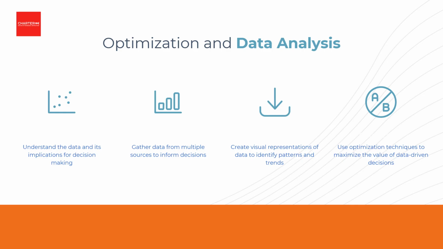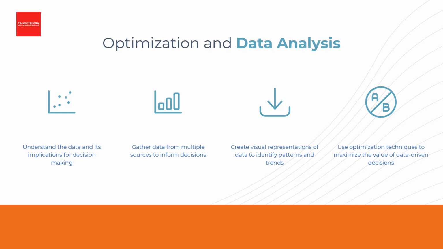Data analysis is used in supply chain optimization to make informed decisions. Organizations gain valuable insights into their supply chain performance by collecting, processing, and analyzing relevant data from various sources, such as the sales department, production, inventory, and crucially, customer feedback, which is why a customer focus is also very important.